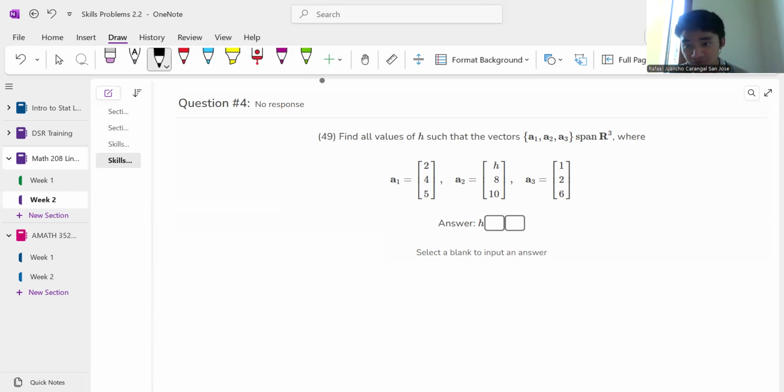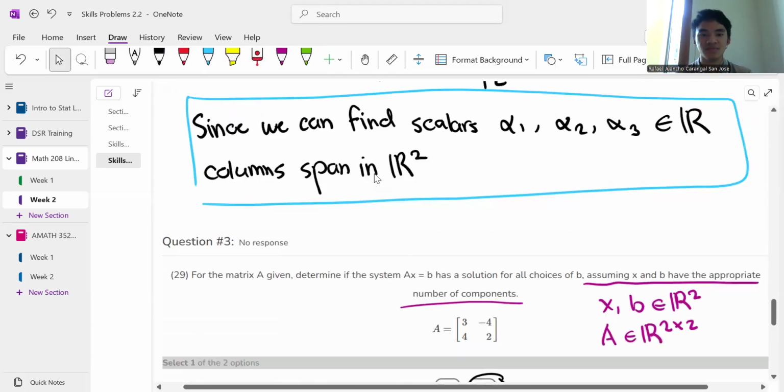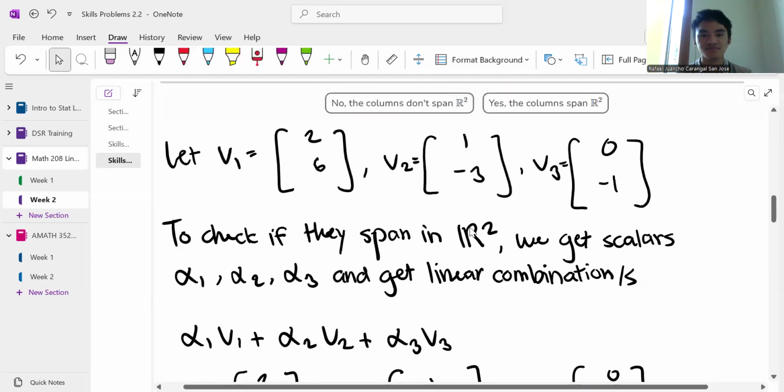But again, if we want to say that this thing spans in R3, we want to find the set of linear combinations, and so we want to find linear combinations for these 3 vectors, right? That's the whole idea here.